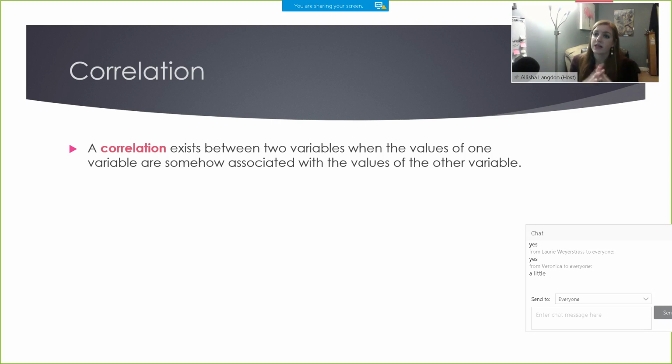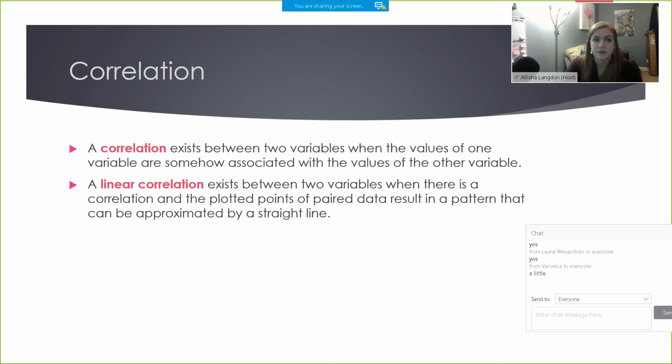Same thing vice versa. If a variable is decreasing, maybe the other variable decreases as well. Okay, so you're either going up or you're going down, but there's some type of relationship there where the changing of one variable is changing the other variable. Essentially, that's what's happening. That would be a correlation.